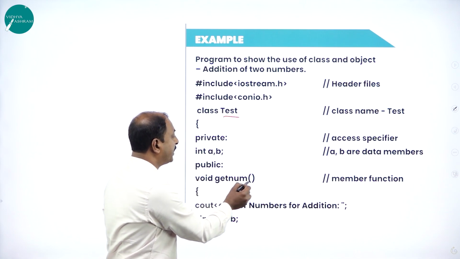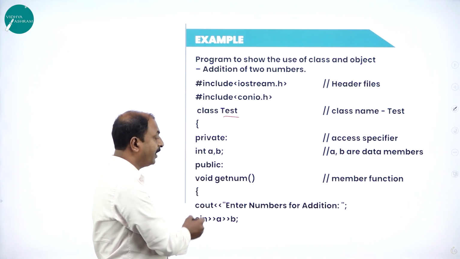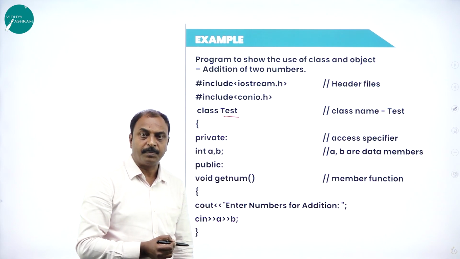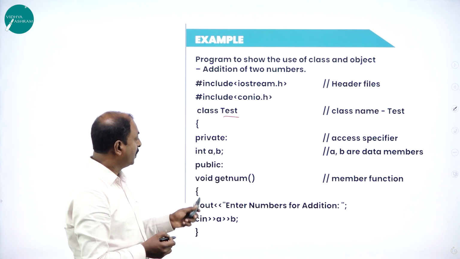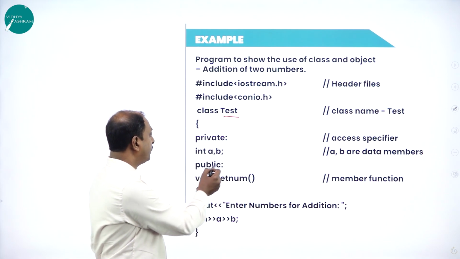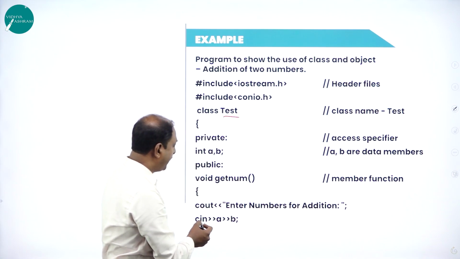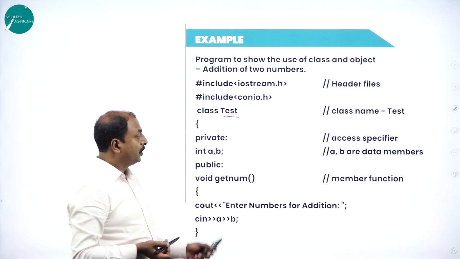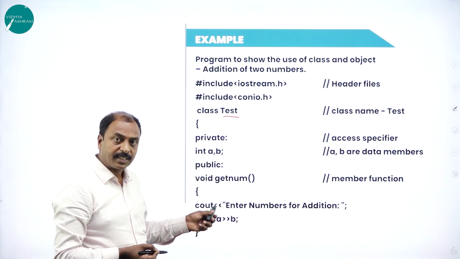Here void get num is a function or a method. Inside that we write a C++ statement to accept the values for variables a and b. Open the bracket, write the statement cin a and b, and close it. So this is one function defined inside the class.